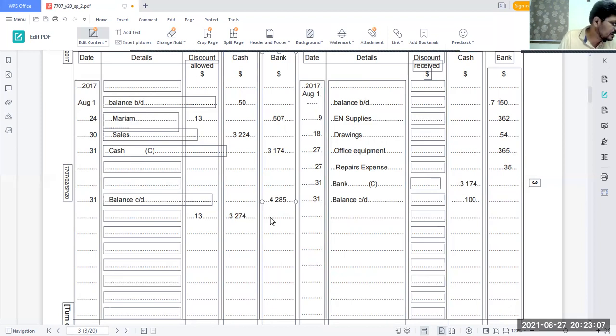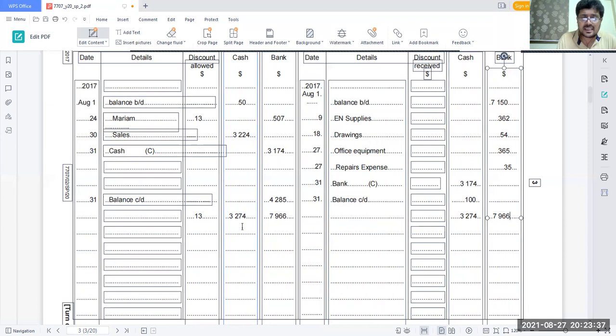Total is 507 plus 3174 plus 4285, 7966. Okay, discount received, we have nothing. Okay. In cash, we have 3,274, and in bank, we have 7,966 totals on this side.